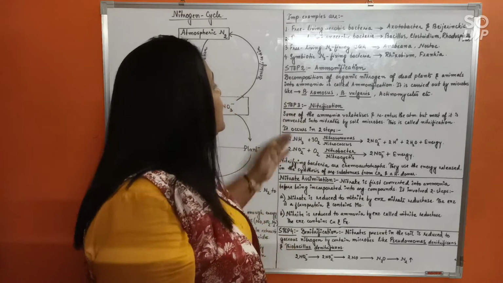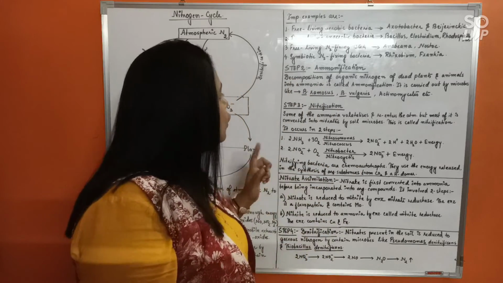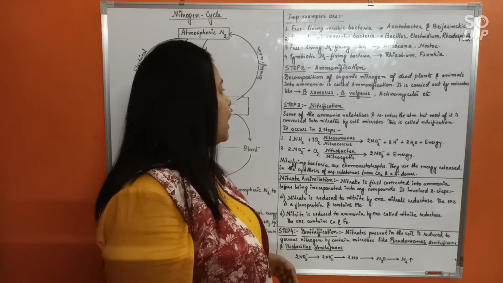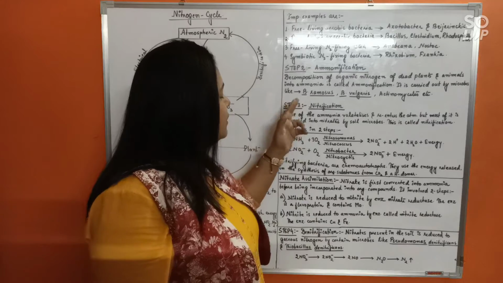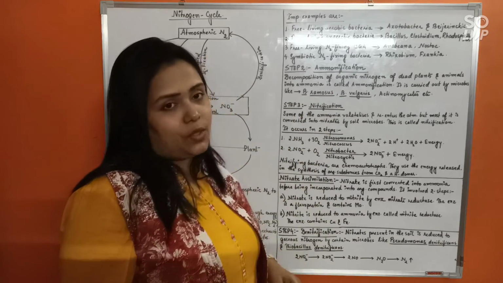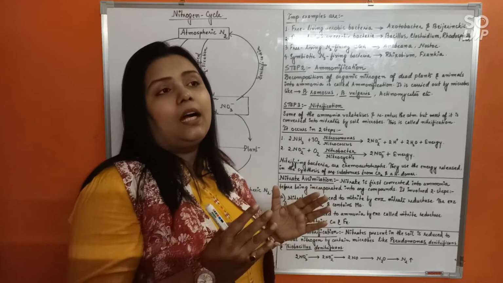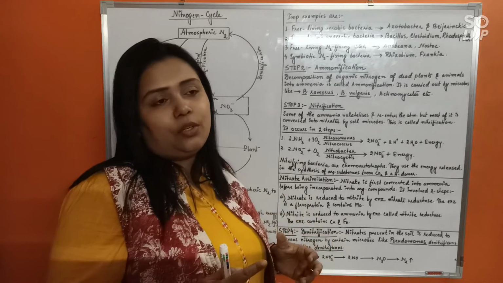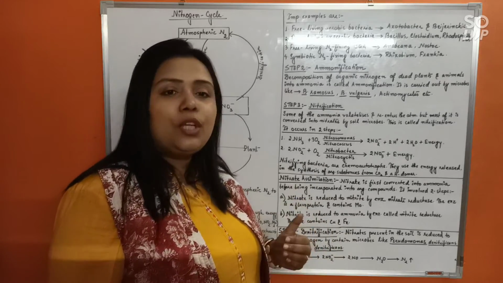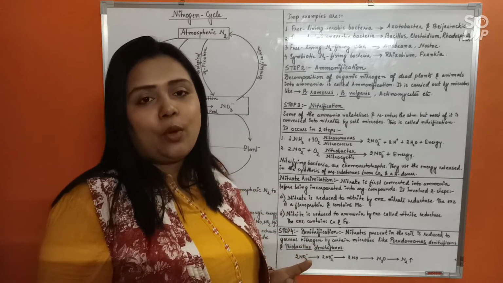So see here, decomposition of organic nitrogen of dead plants and animals into ammonia is called ammonification. It is carried out by certain microbes again, like Bacillus ramosus, Bacillus vulgaris, Actinomycetes, etc. Now in this step, do remember first what will happen is the proteins, which consist of the organic nitrogen mostly, will be broken into amino acids first.